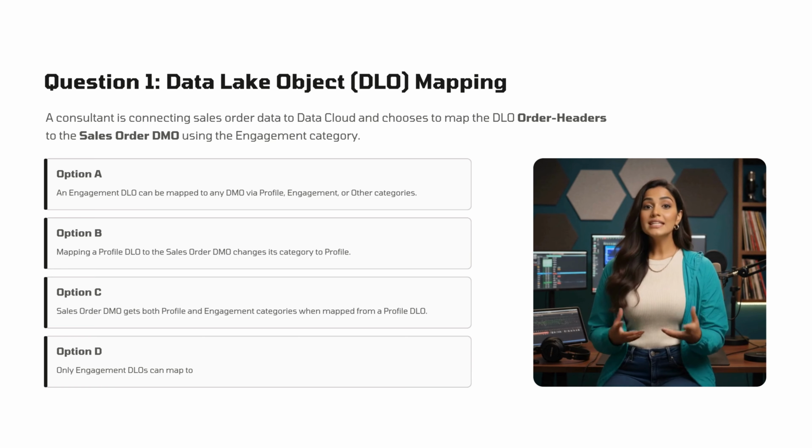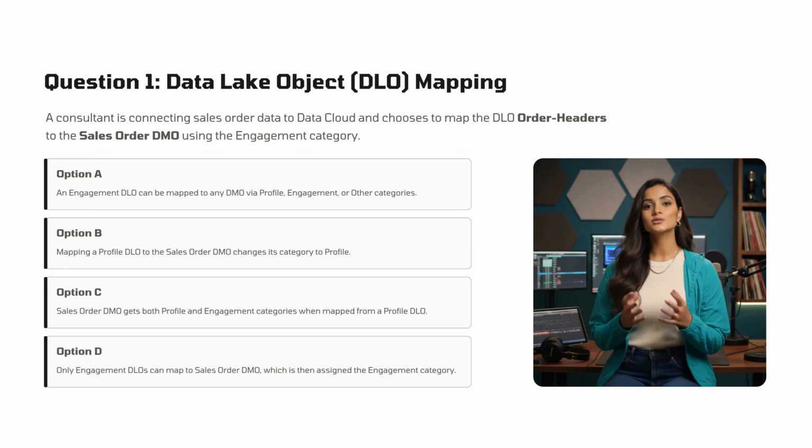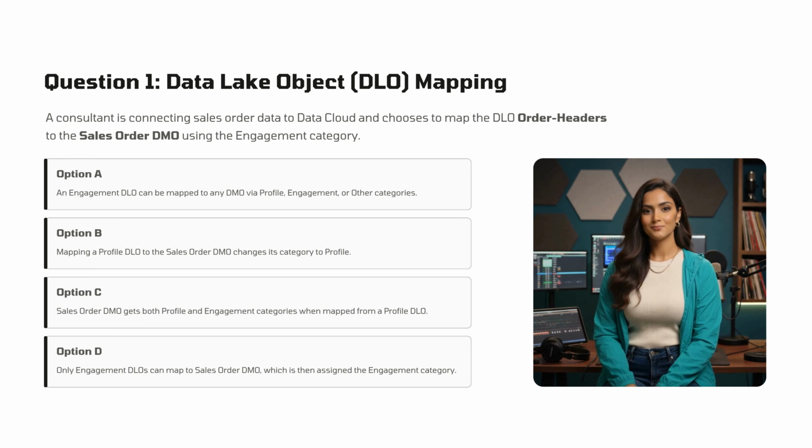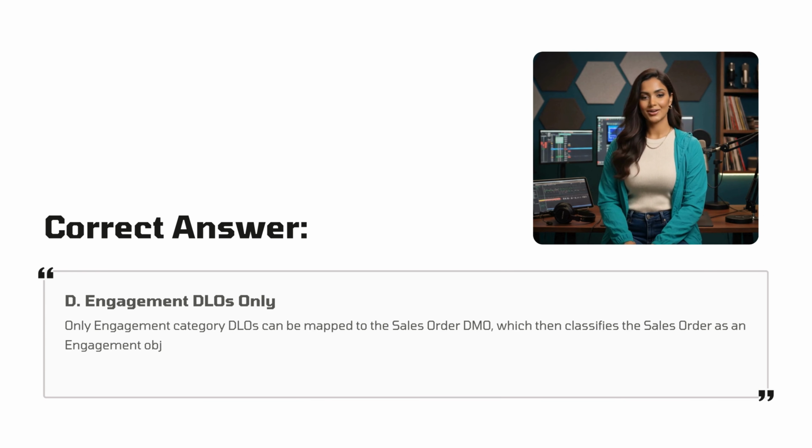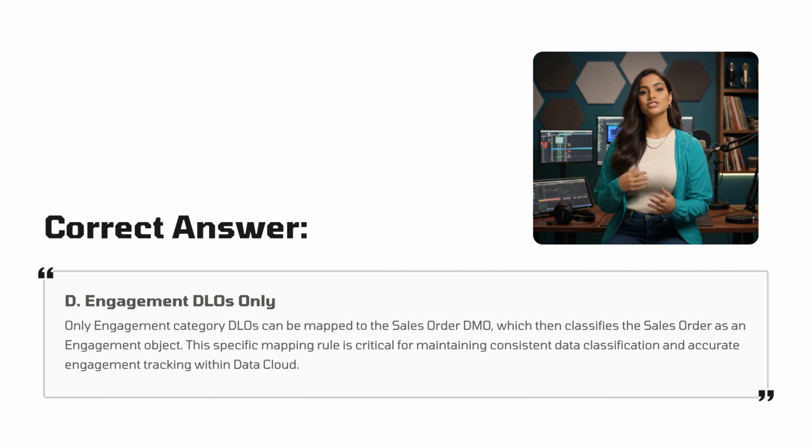D. Only engagement DLOs can map to Sales Order DMO, which is then assigned the engagement category. Correct answer: D. Only engagement category DLOs can be mapped to the Sales Order DMO, meaning the Sales Order becomes an engagement object. This ensures consistent data classification for engagement tracking.